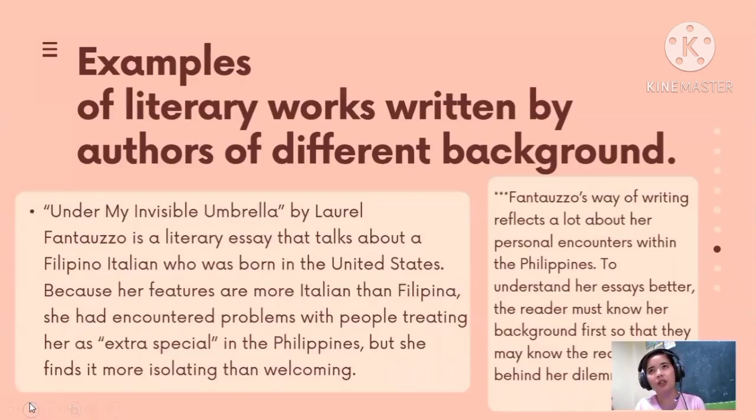Because we do have other contexts like sociocultural. We do have also the linguistic context. It depends. So these are the examples of literary works written by authors of different backgrounds. So for example, Under My Invisible Umbrella, written by Laurel Fantauso, is a literary essay that talks about a Filipino-Italian who was born in the United States.